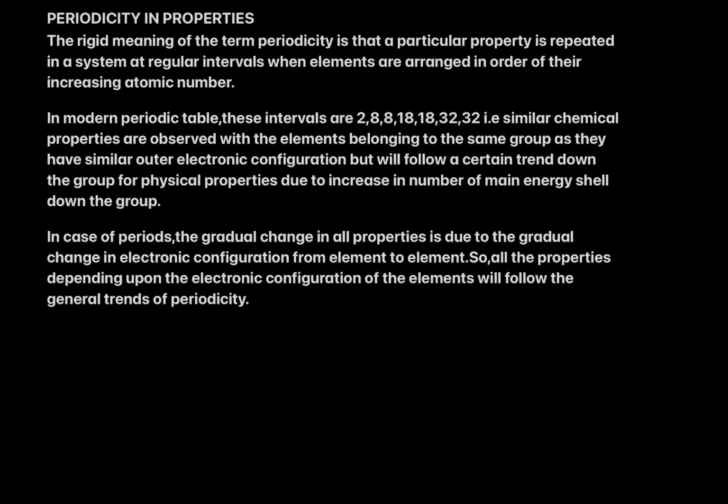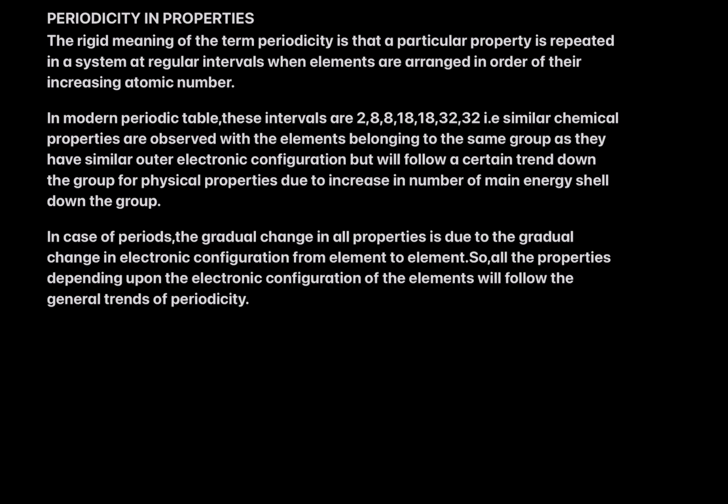Now let's talk about the last paragraph, which is about the periods. In case of periods, the gradual change in all properties is due to the gradual change in electronic configuration from element to element. As we move from left to right in a period, the atomic number increases by 1 unit. So if the atomic number increases by 1 unit, the element is totally changed for all the properties, whether physical or chemical.